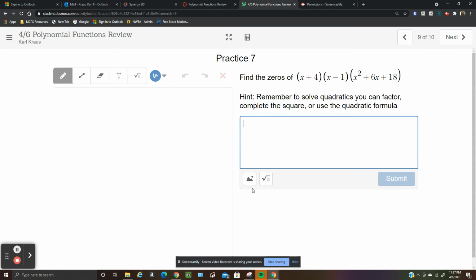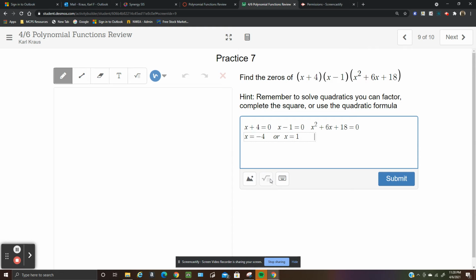And this one, equating each factor to 0. So the first two are easy to solve. X equals negative 4 or x equals 1.